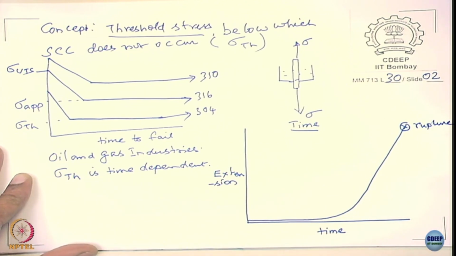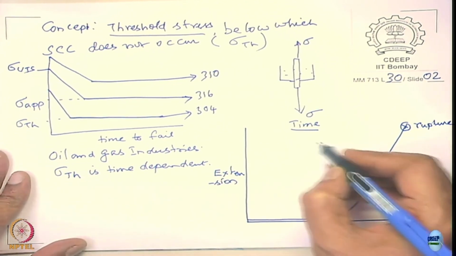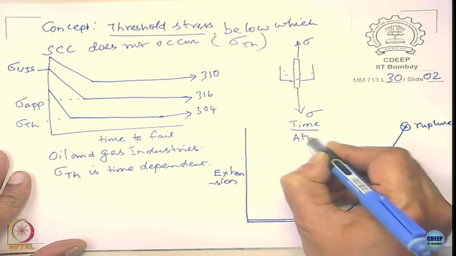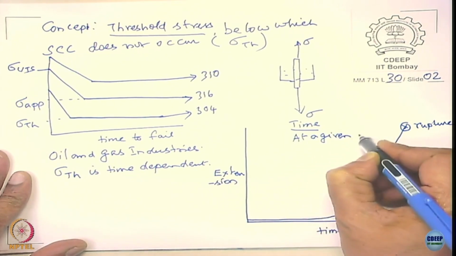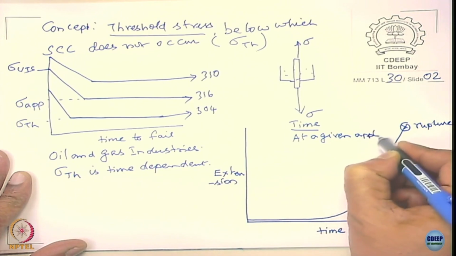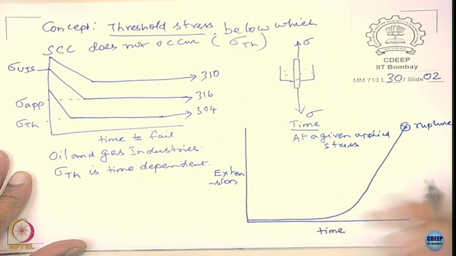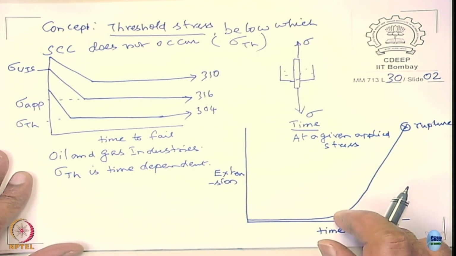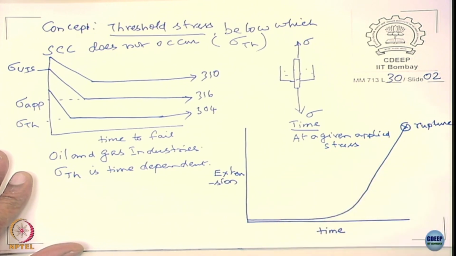At a given load, at a given applied stress. So the curve changes if the stress is increasing or decreasing, it could move left and right kind of thing, right?